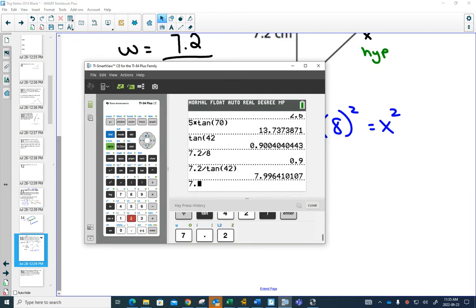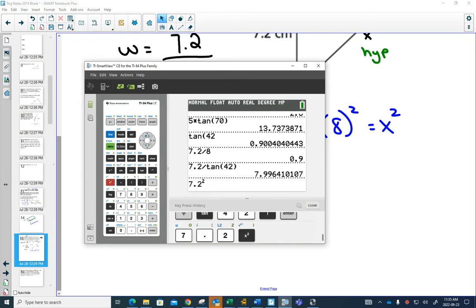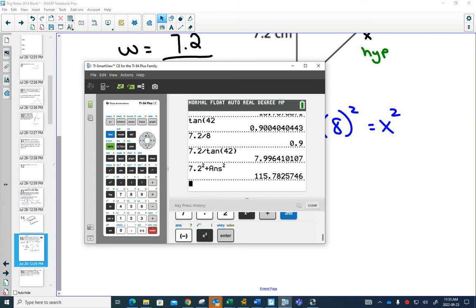I would do 7.2 squared plus, and then I would use that answer with all of its decimal places. So either I would retype it on my calculator. I have an answer button, which just says reuse the answer you had from before. I'd square that one, push enter, and I get that x squared is 115.78.